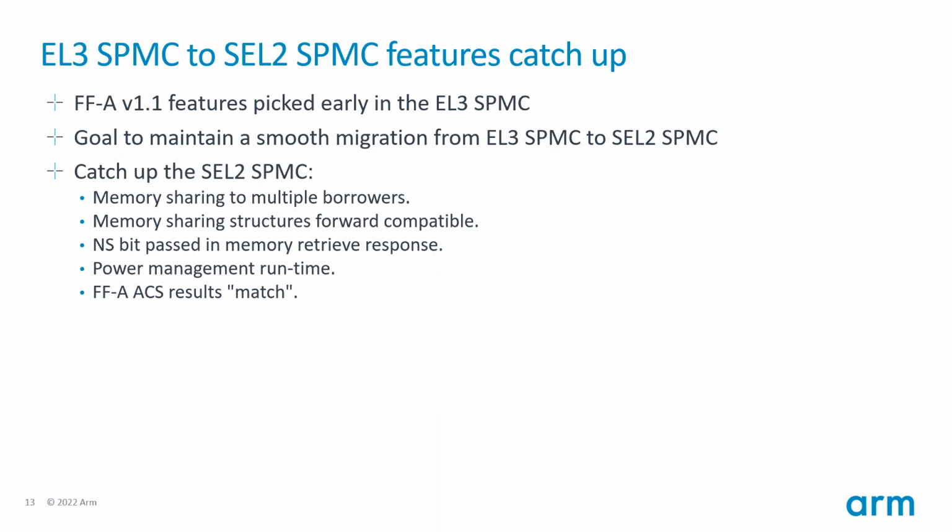That allows for reducing potential attack surface. If we have no use for mem share, I'd rather rip out all that code, say from Hafnium or the EL3 SPMC. So that would be something to think about as we do the catch up.